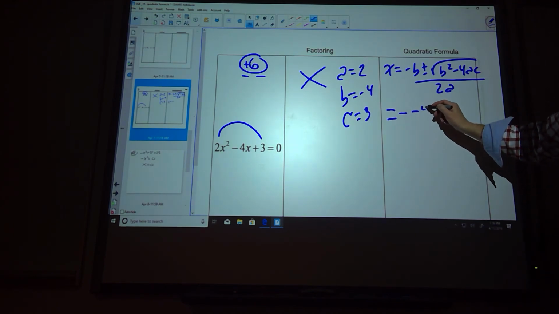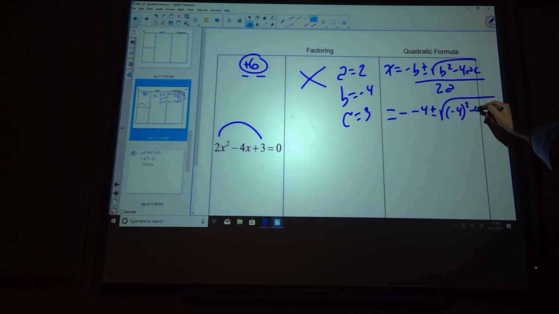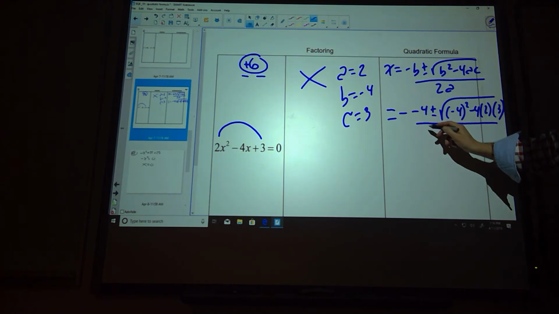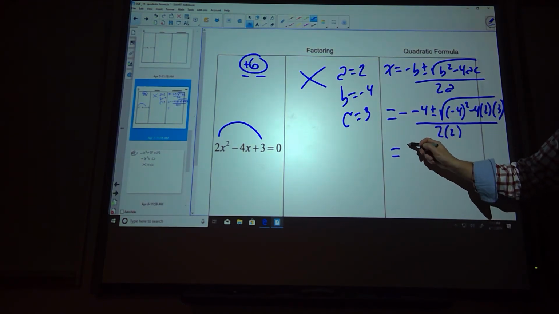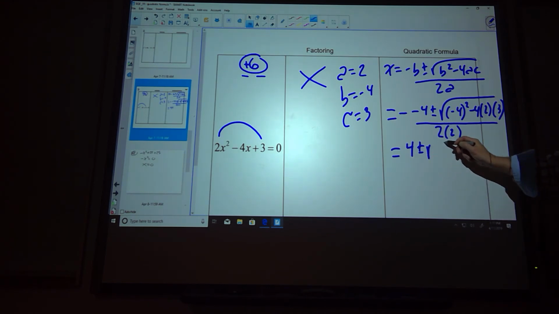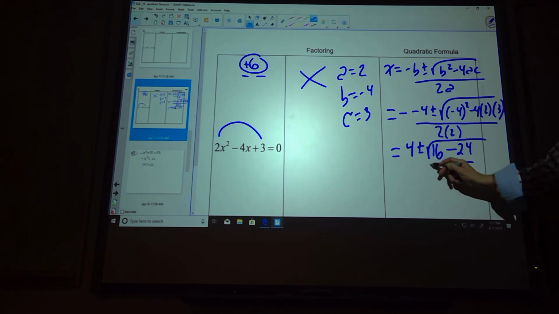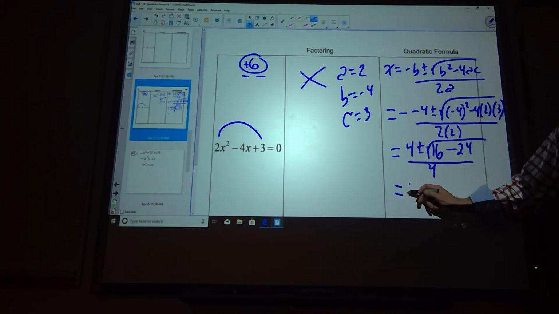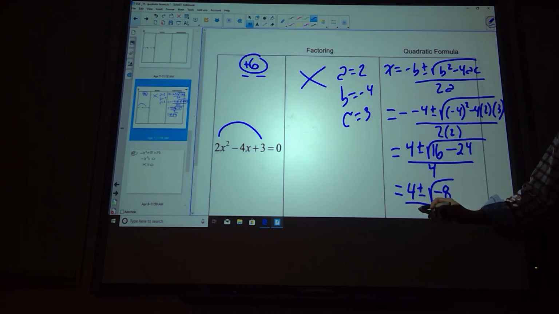So I'm going to get negative 4 plus or minus the square root of negative 4 squared minus 4 times 2, that's my A value, times 3, my C value, all over 2 times 2. Negative 4 squared has to be positive 16. Negative 4 times 2 is negative 8. Negative 8 times 3 is negative 24. 16 minus 24 over 4 actually comes out to negative 8 over 4.